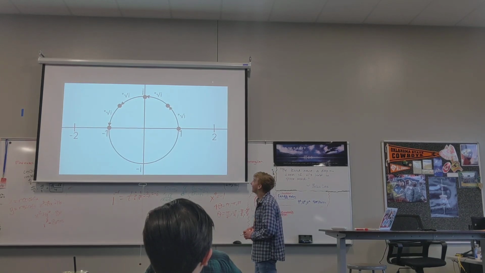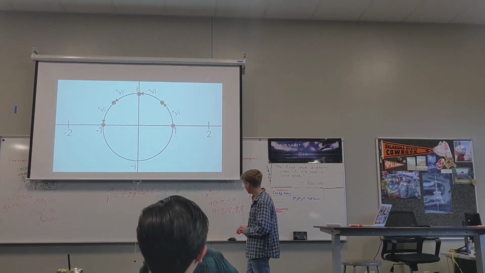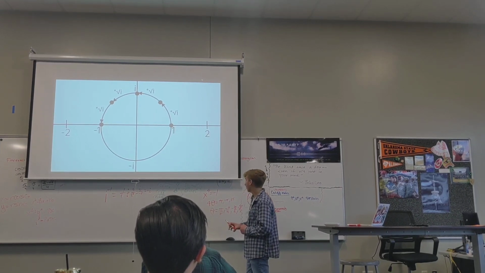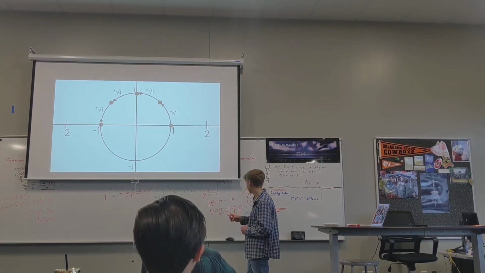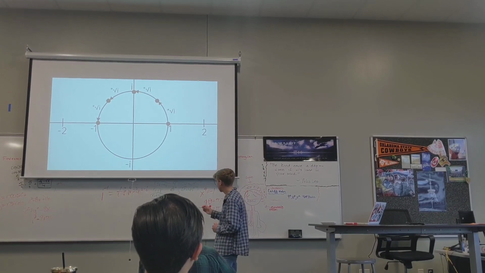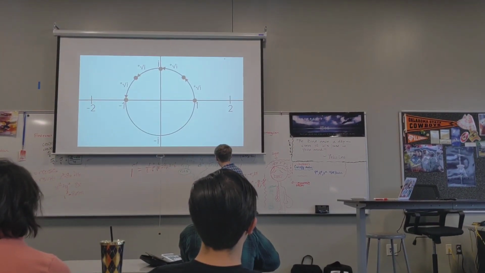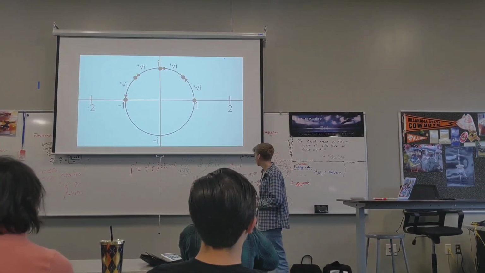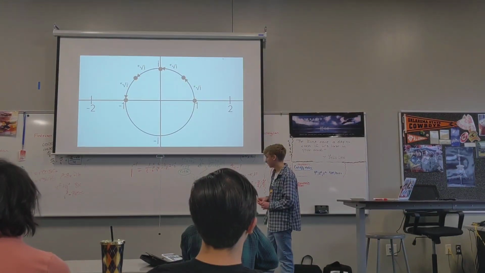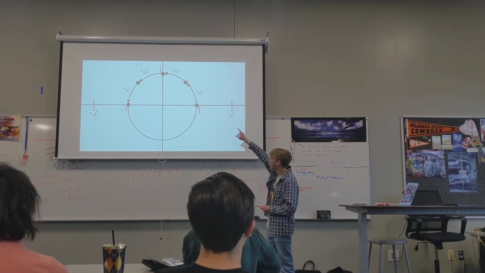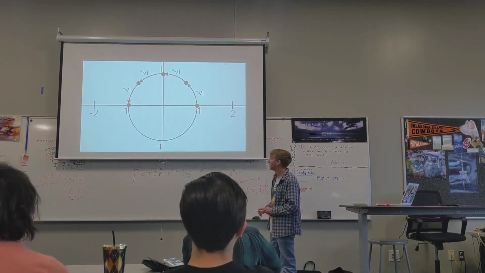But essentially, at all of these coordinates, you just take the cosine of them plus i times the sine of it. And that essentially gives us plus or minus the square root of 2 over 2 plus or minus i times the square root of 2 over 2, it's just the coordinates of each of the points at these locations.